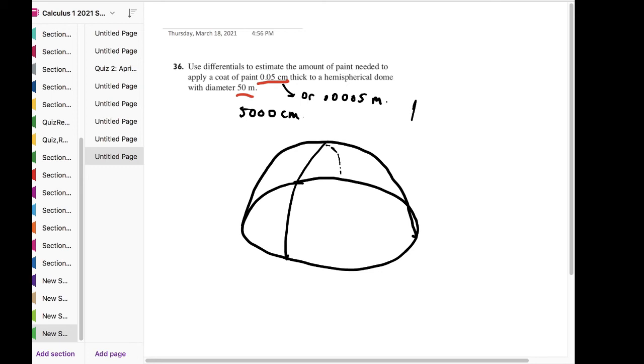What's the surface area of a sphere? And then we can divide by 2. So surface area is 4 pi r squared. So the surface area of the hemisphere would be 2 pi r squared.